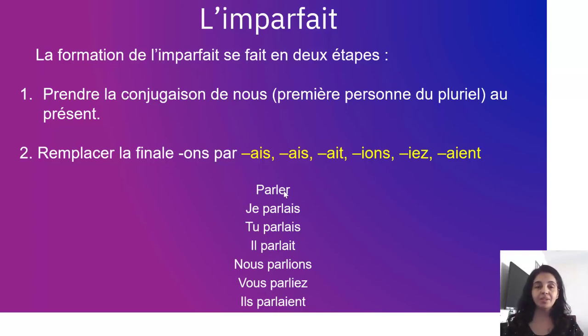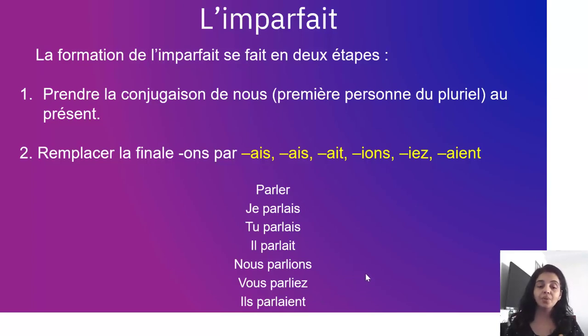Okay, how do we do it? For example, parler is the verb and what is the conjugation with nous? It is parlons. So we removed ONS and we added these. And this is what we get: je parlais, tu parlais, il parlait, nous parlions, vous parliez, ils parlaient.